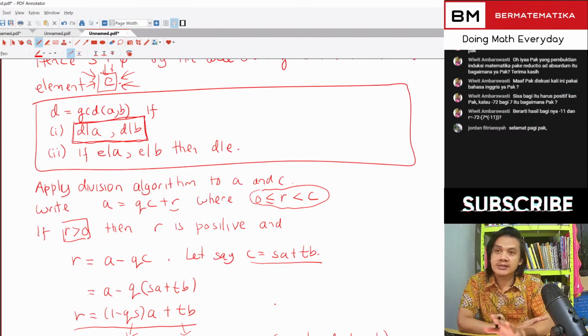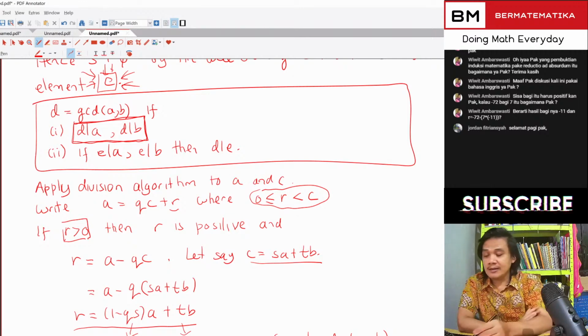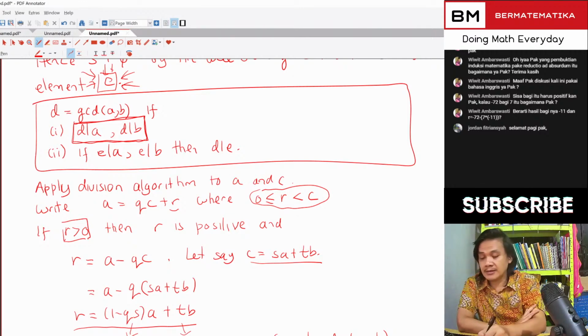In order to be a GCD, that number needs to be a common factor of A and B. Now let's check the second requirement.